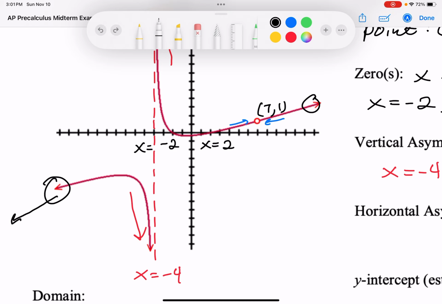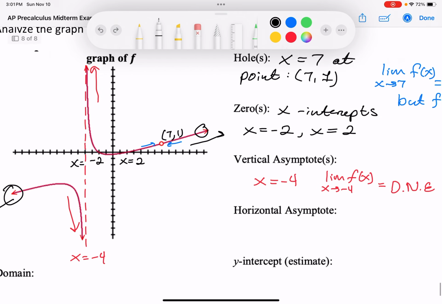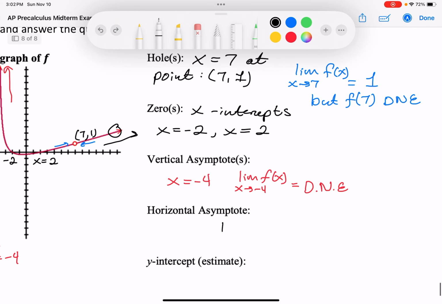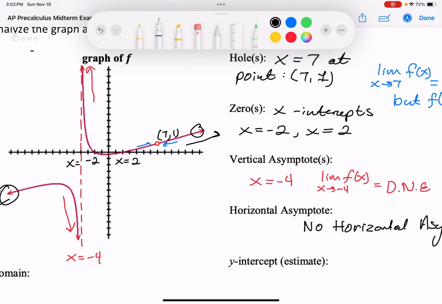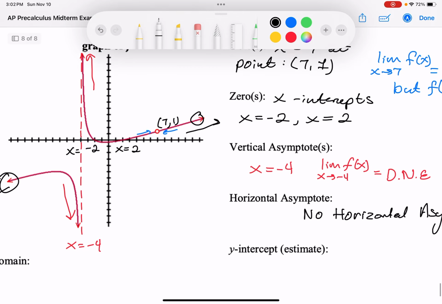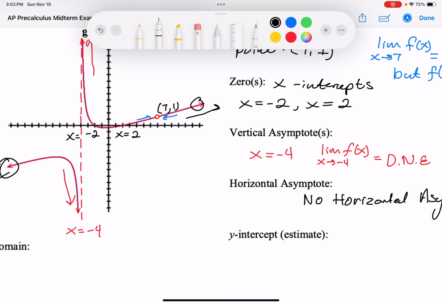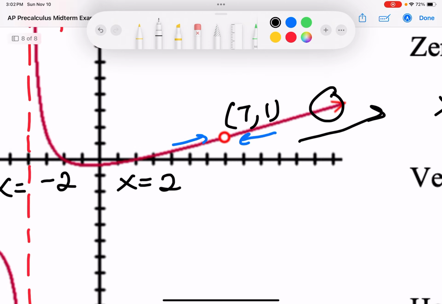Hence, there is no horizontal asymptote. You want to try to find a horizontal line at a certain value of y, like I was able to do at a certain value of x, to find your asymptote.